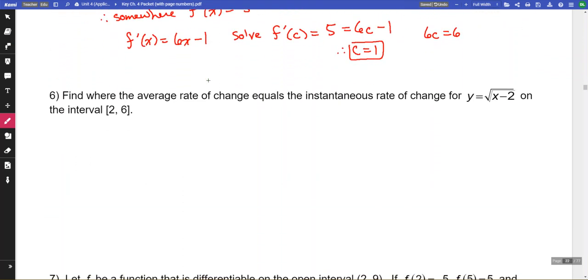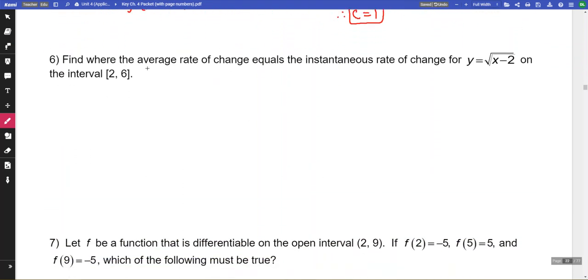Okay, then our next problem, find where the average rate of change equals the instantaneous rate of change for this function on this interval, right? So note that this is, once again, a mean value theorem because for our function, the square root, we know that on the closed interval 2 to 6, our function is continuous. And we know it's differentiable on the open interval.